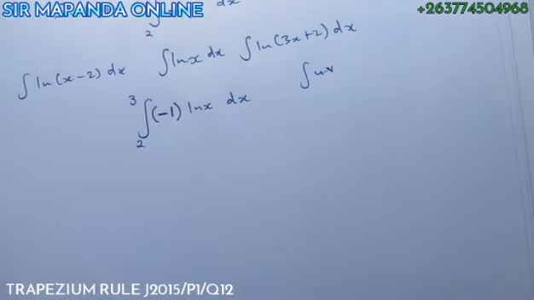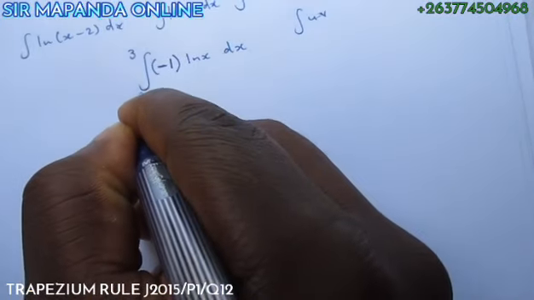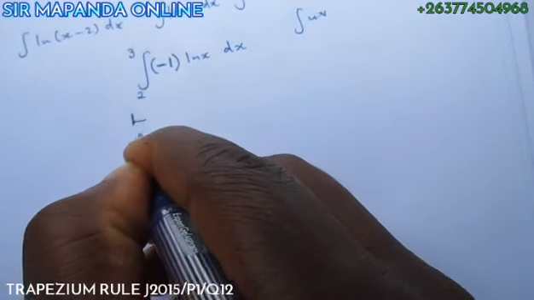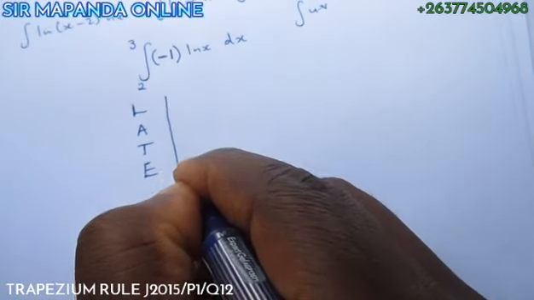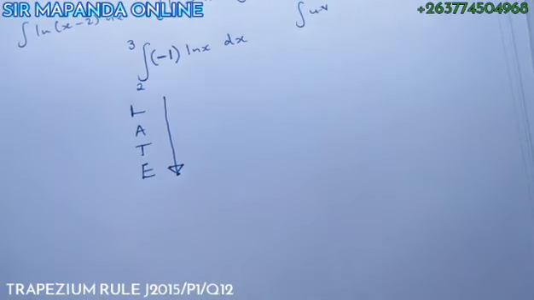Right. So, what is u? What is v? You are assisted by the troubleshooter, which I normally refer to as LATE. LATE is more of a BODMAS, which helps you to identify u between the 2 functions.